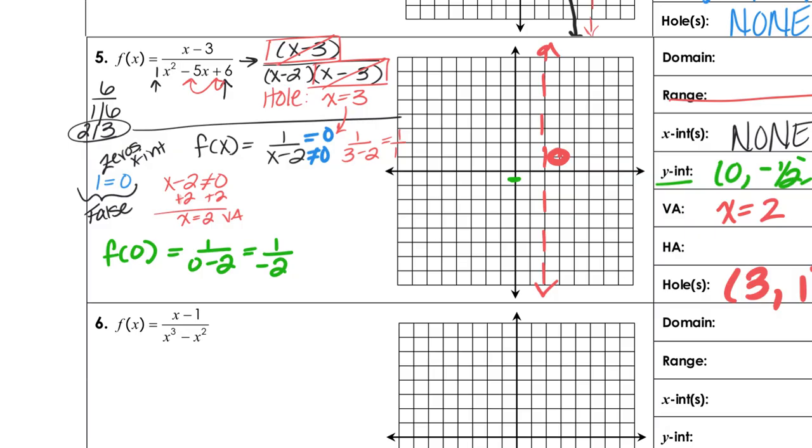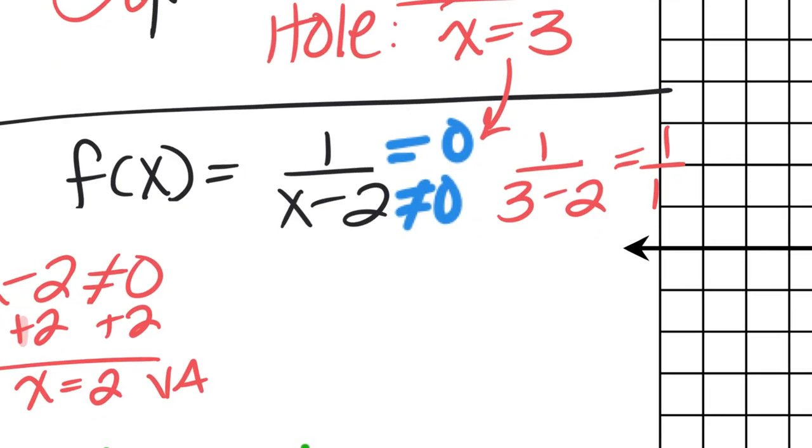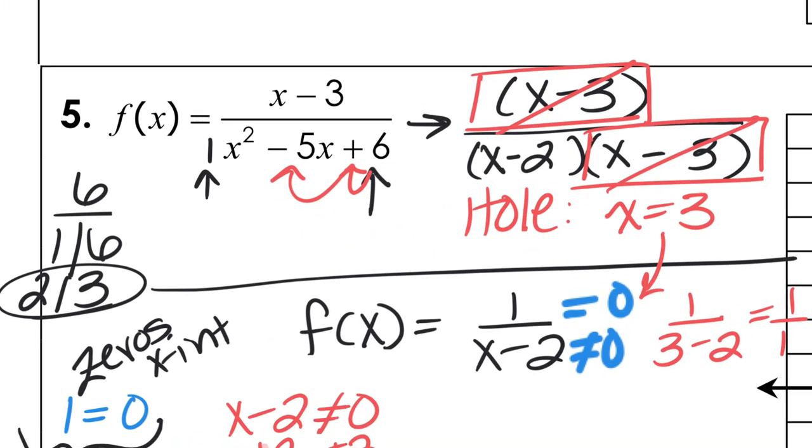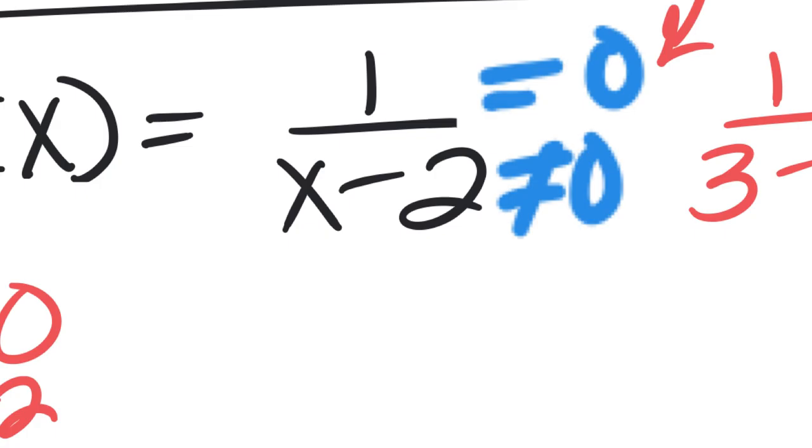And my last key feature is my horizontal asymptote, which is a comparison of my numerator and my denominator. I'm only looking at what's left over, not the original, because we were able to eliminate some things out of this. So I'm going to compare my degrees.